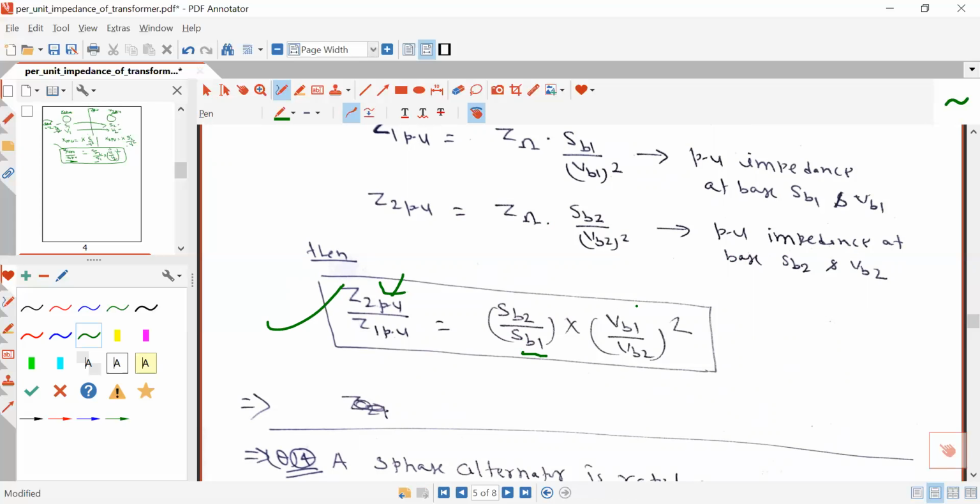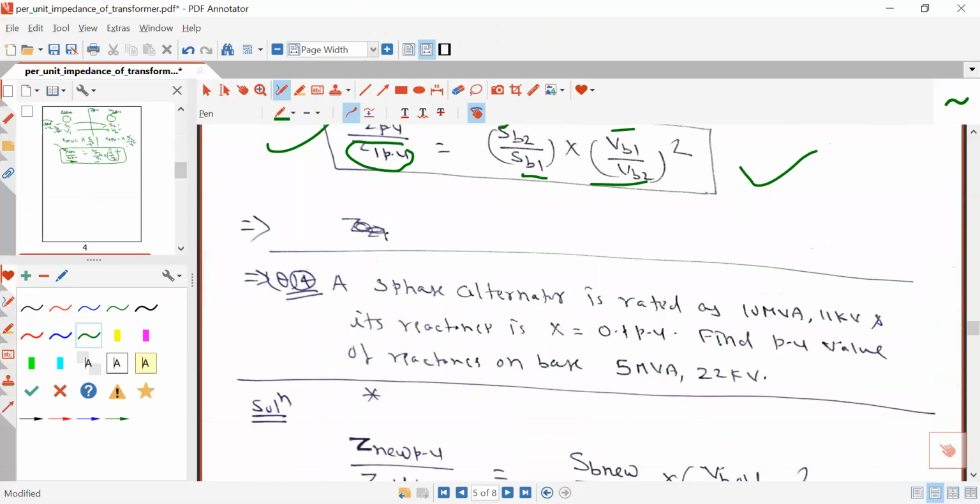S1 and V1 are the base values at which Z1 per unit is given, and S2 and V2 are the new base values at which you want to calculate the new impedance. So you must remember this formula, and by using it you can easily convert reactance, impedance or resistance of the system from one base to another base.